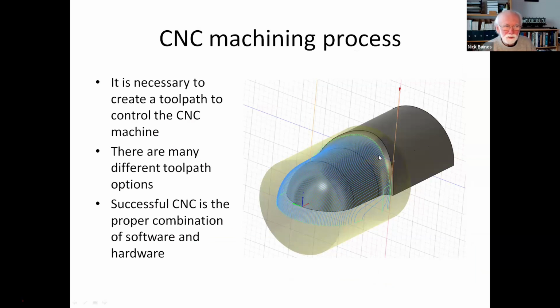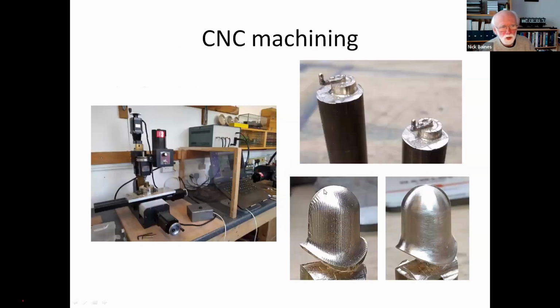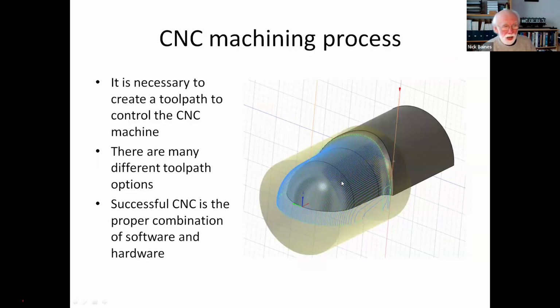And that's a function of the software. So here, the blue lines are the lines that the tool followed, and that's the reason why you've got those lines on the machined part there. And that's all done in software as well.